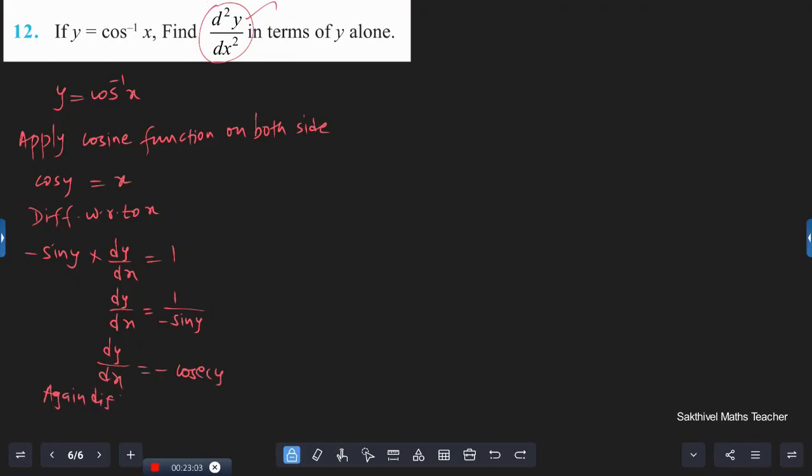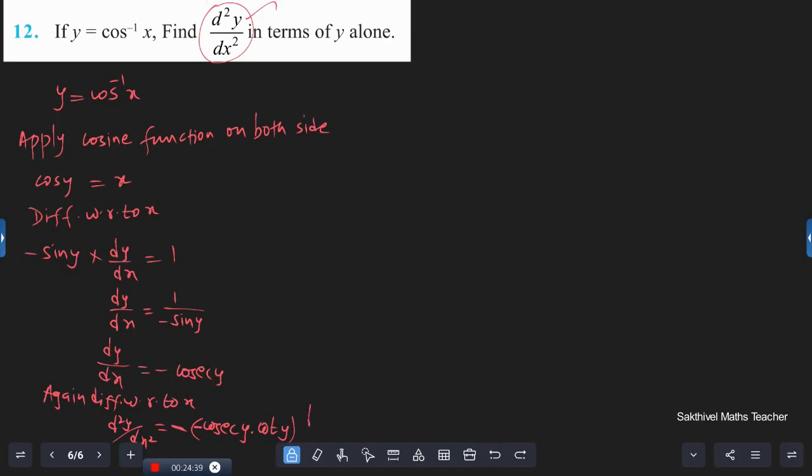Again when you differentiate with respect to x on both sides, what am I getting? d square y divided by dx square is equal to, what is the cosecant derivative? Minus cosecant into cot. So minus cosecant into cot. Later, what do we have to differentiate? y.